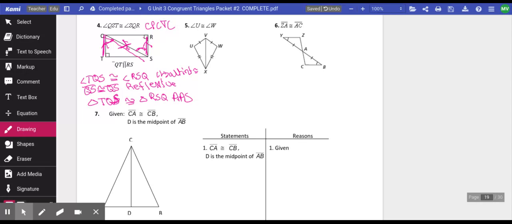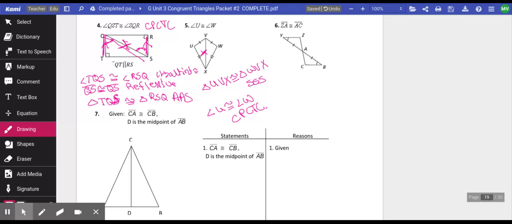When I look at number 5, I have UV congruent to VW, UX congruent to WX, and VX is the same line, reflexive. So that means those two triangles are congruent. So triangle UVX is congruent to triangle WVX by side, side, side. And then angle U is congruent to angle W by CPCTC.